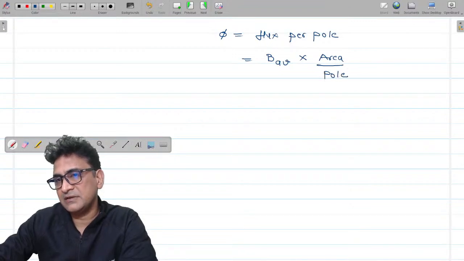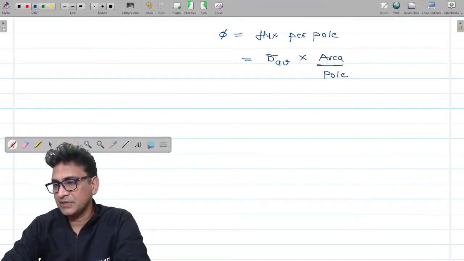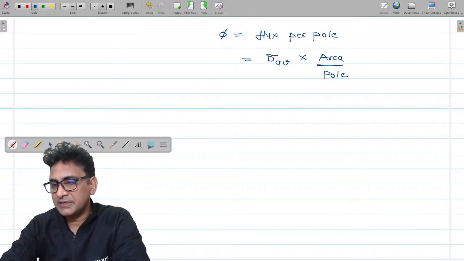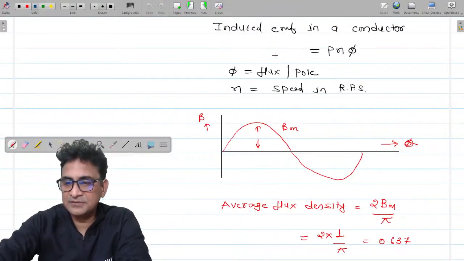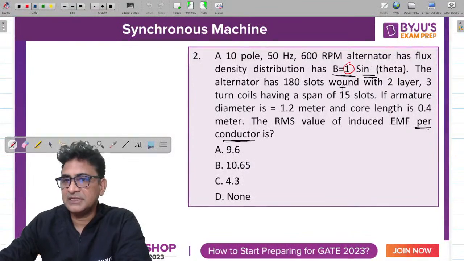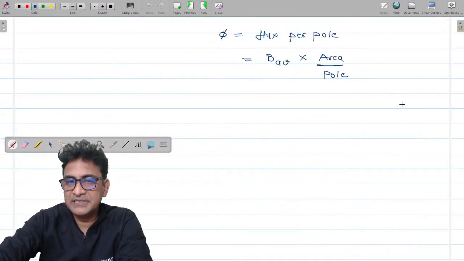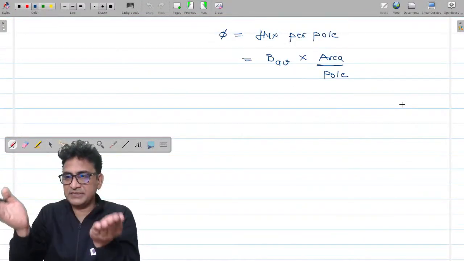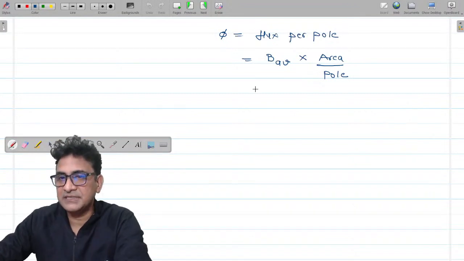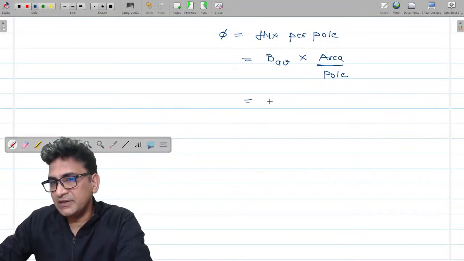So how do we find the area per pole? It is a cylindrical surface area. The length and the diameter are given. What is the surface area of a cylindrical surface? The surface area is 2 pi RL or pi dl.